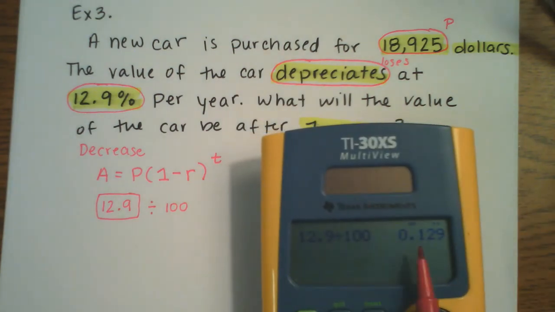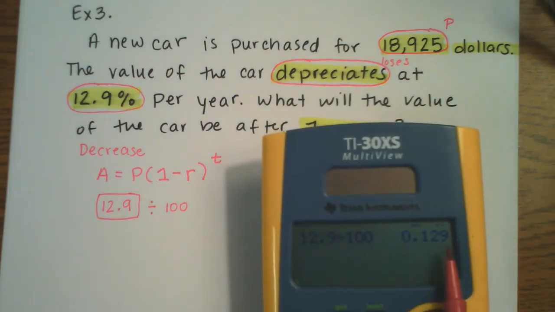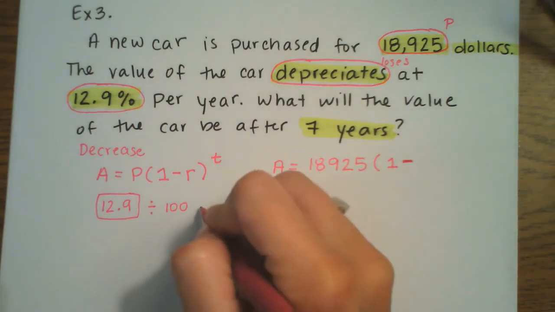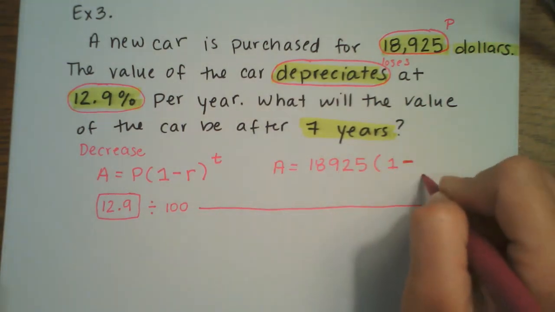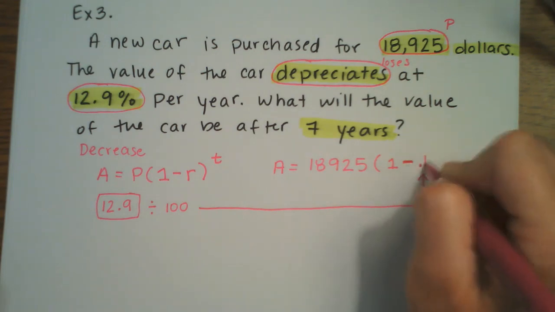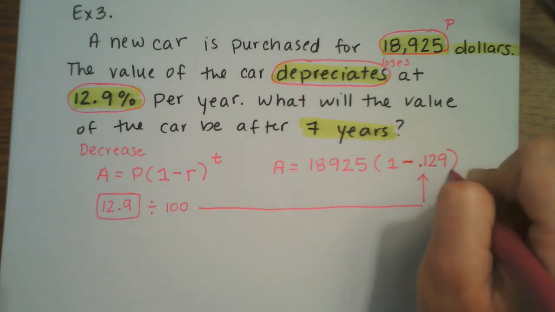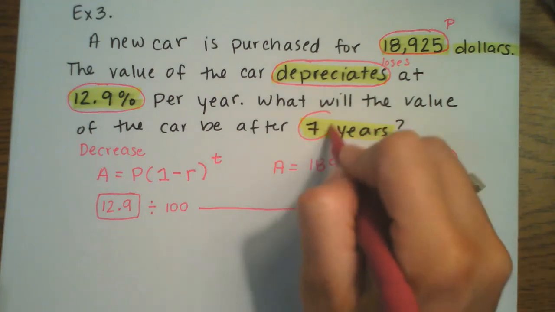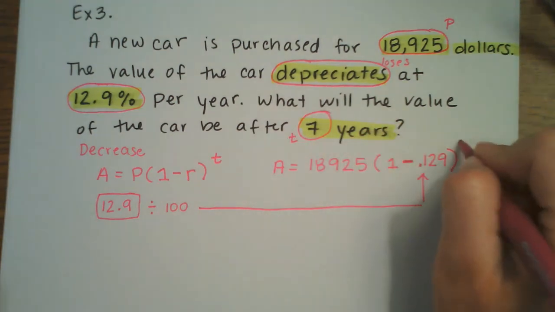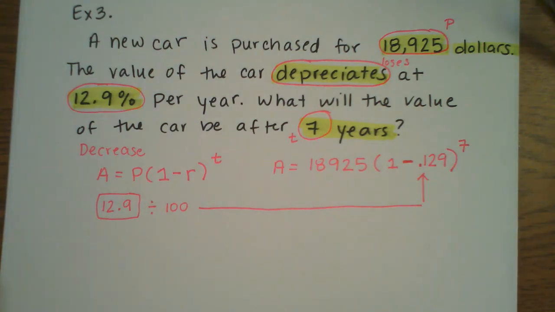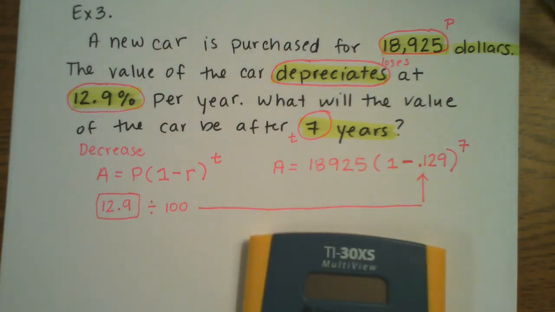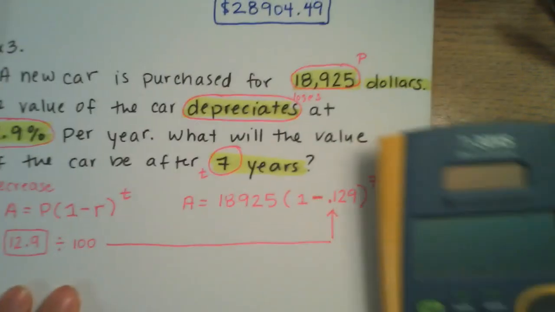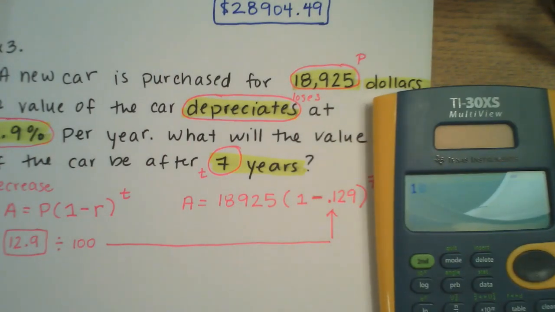So I get 0.129 to the 7th power. So I've got 18925 times 1 minus 0.129 to the 7th.